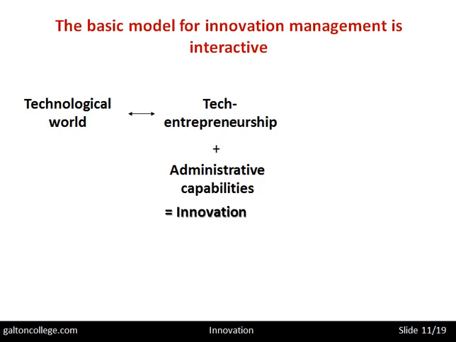And both those two together, we've got innovation. So the administrative capabilities is to make sure that the efforts are ultimately commercial, and it's handled properly, it's structured, and it's brought to market. So we add in inventiveness and business acumen. Put the two together and we've got innovation.